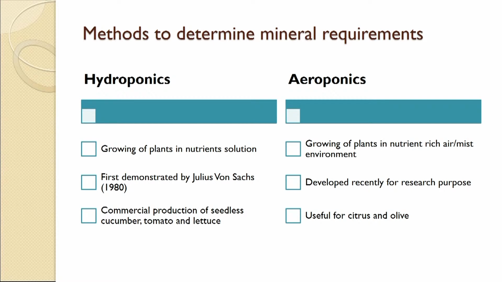From research investigations, we have found that seedless cucumber, tomato, and lettuce grow very well in hydroponics, while aeroponics is particularly suitable for citrus and olive.